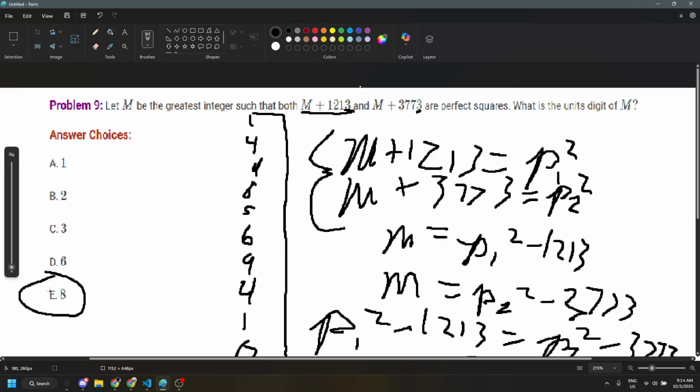Okay, so they went about the same way. They factored p squared minus p1 squared minus p2 squared practically. Then they found the prime factorization of 2560.